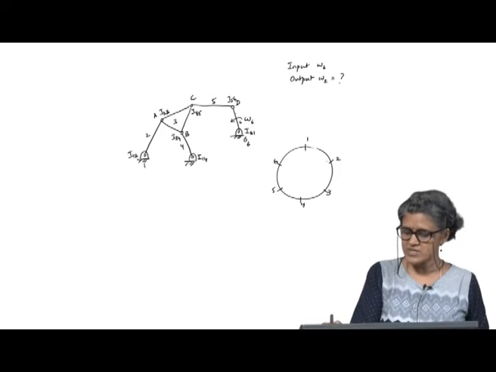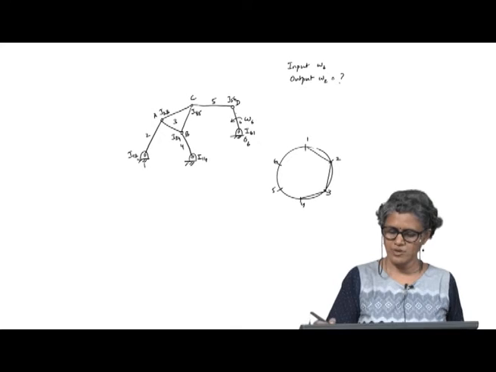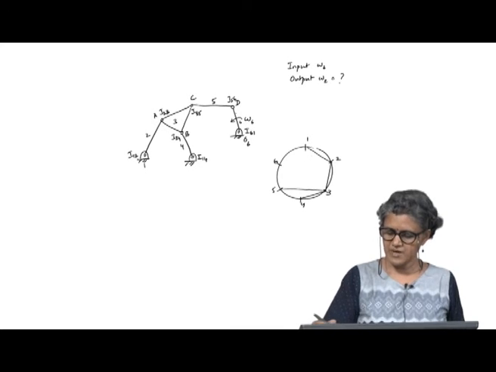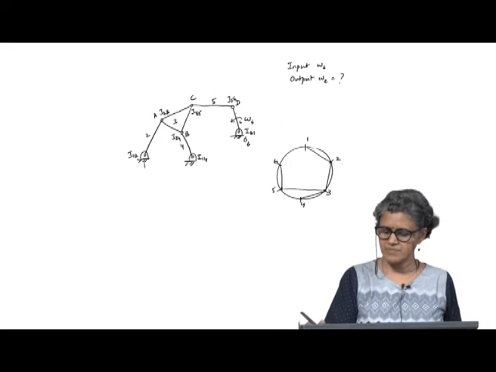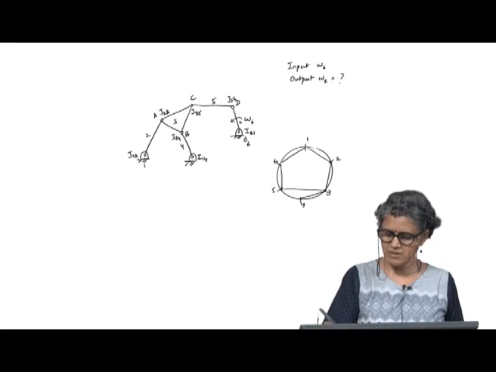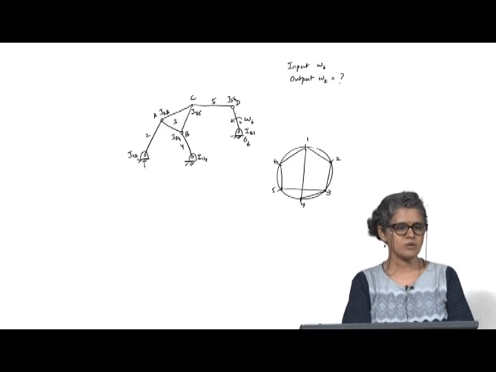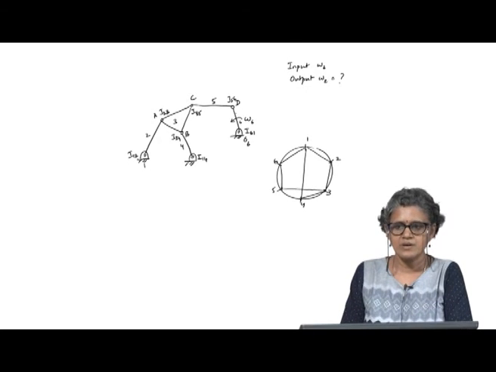So, all the known ones you mark on your circle diagram, 1, 2, 2, 3, 3, 4, 3, 5, 5, 6, and 6, 1 also 1, 4. These are all known. These are all permanent instant centers that I get from here, right.